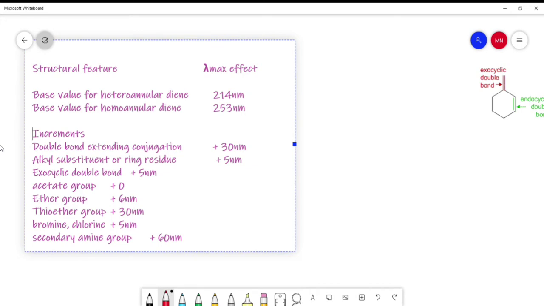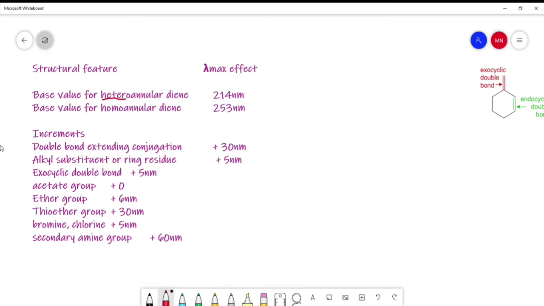As we discussed earlier, for the heteroannular diene component, the value is 214 nanometer, and the base value for the homoannular diene is a little higher, 253 nanometer. I have already mentioned that if you have a system with both homoannular and heteroannular diene components, the homoannular diene component value has to be taken.